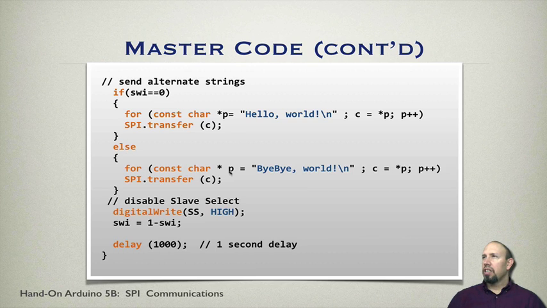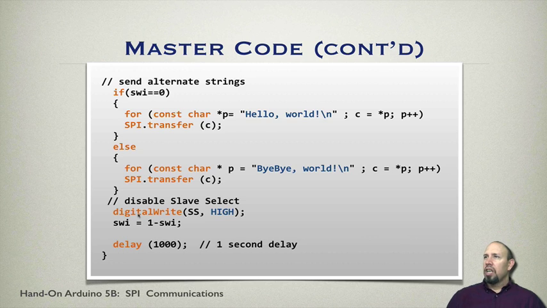When the switch is not 0, it's going to transmit bye bye world, character by character. Notice here I have a space between the P, the star, and the P. Here I don't have a space. It turns out C is kind of sloppy that way. It allows it to do either, and sometimes you'll see it one way, sometimes another.